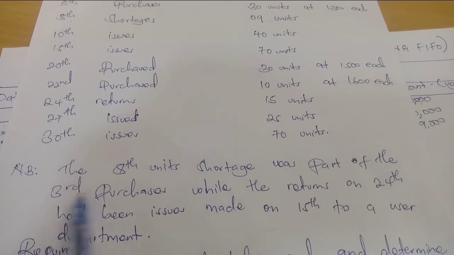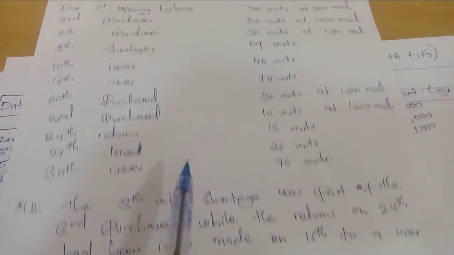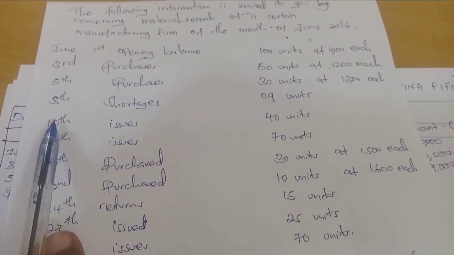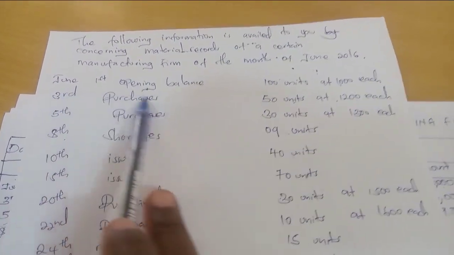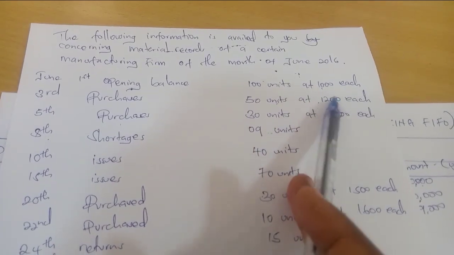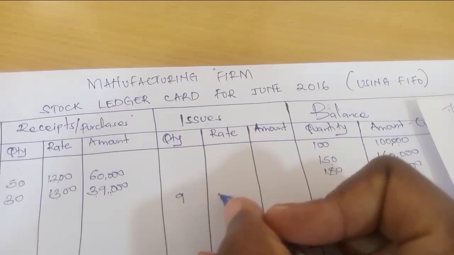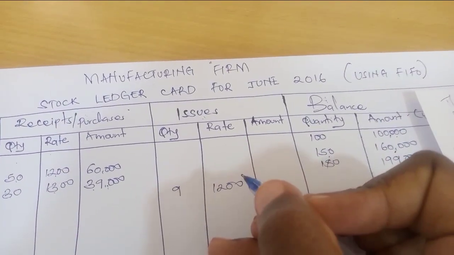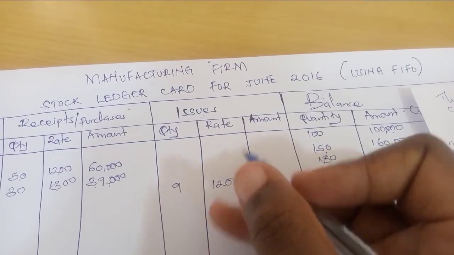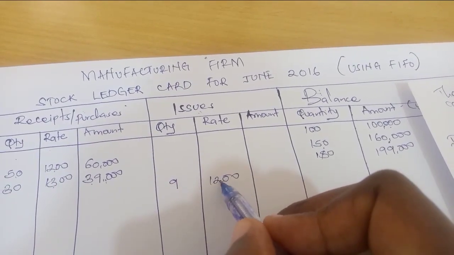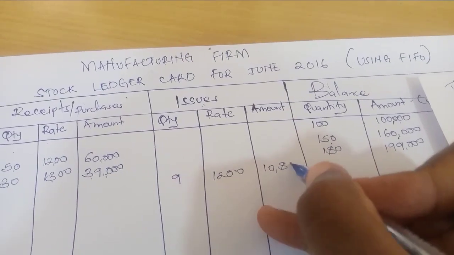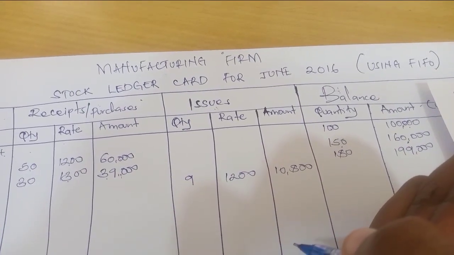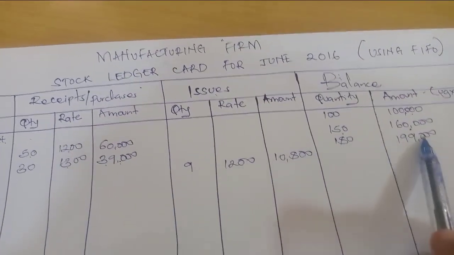So these shortages that were made on this date were part of the purchases that were made on this date, meaning that we are going to use this as our rate. So 9 units at 1,200. The amount is this times this, which is 10,800. Then here the balance, it's going to be this minus this.